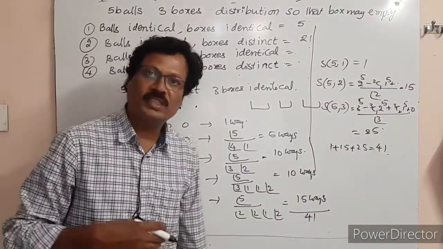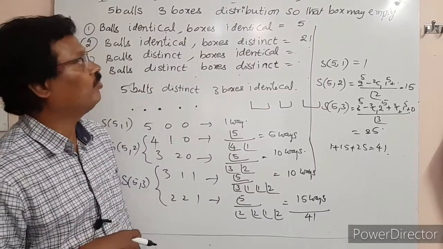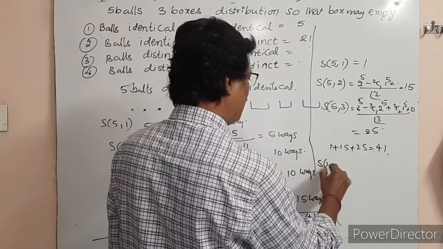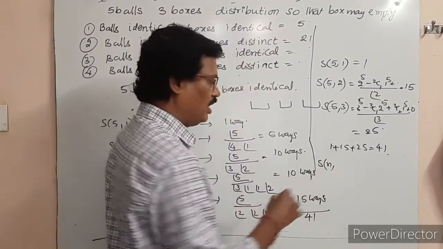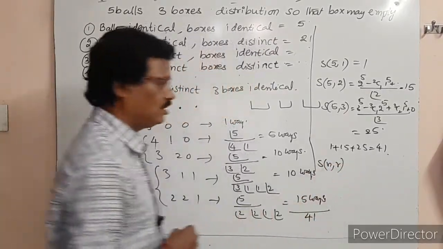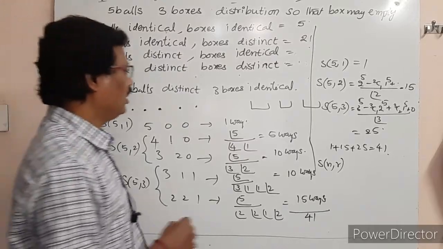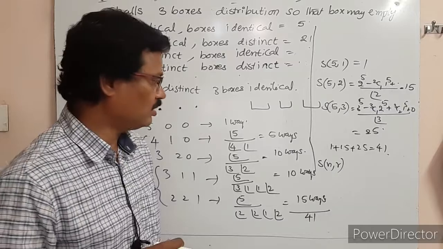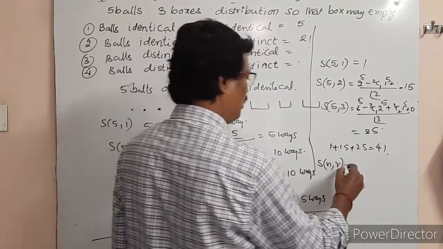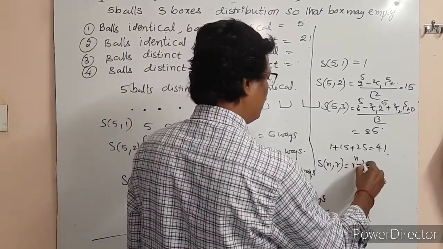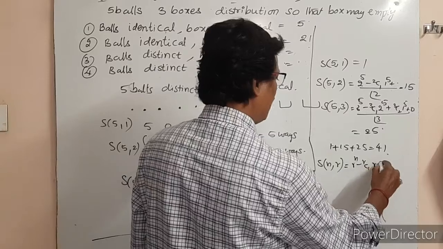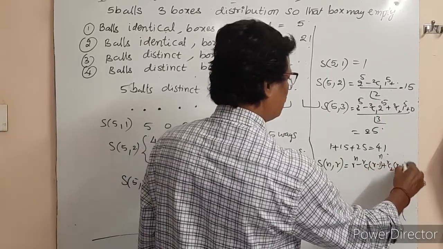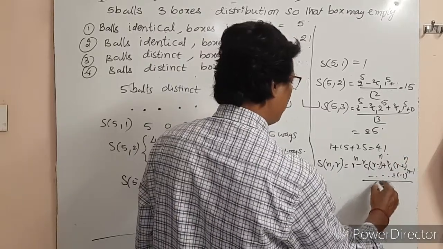What is the Stirling formula? Already we discussed it in the last video, where no box is empty. Now in that, what did they give? This is n balls and r boxes, n distinct balls into r identical boxes. Now this is r power n minus rc1, r minus 1 power n plus rc2, r minus 2 power n, by r factorial.